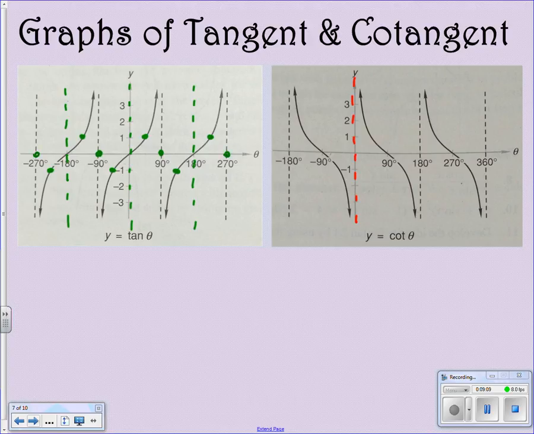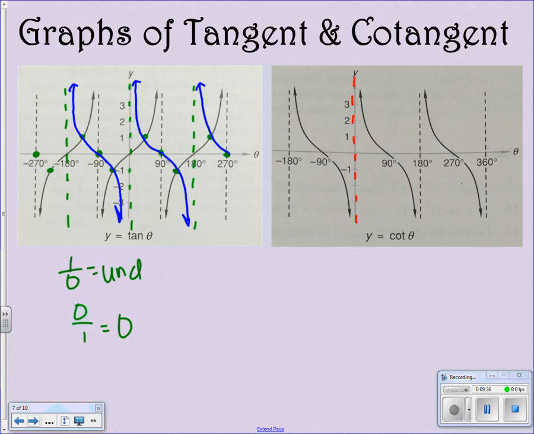Because the reciprocal, it was 1 over 0, which is undefined, but the reciprocal of that is 0. And so that's why everywhere you have an asymptote, you put a dot because it gives you a 0. And so you're going to go through your dots and you're going to always approach your asymptotes. And so if you look, now maybe that'll show you a little bit how they are related. But that's where you end up with the graph of cotangent.